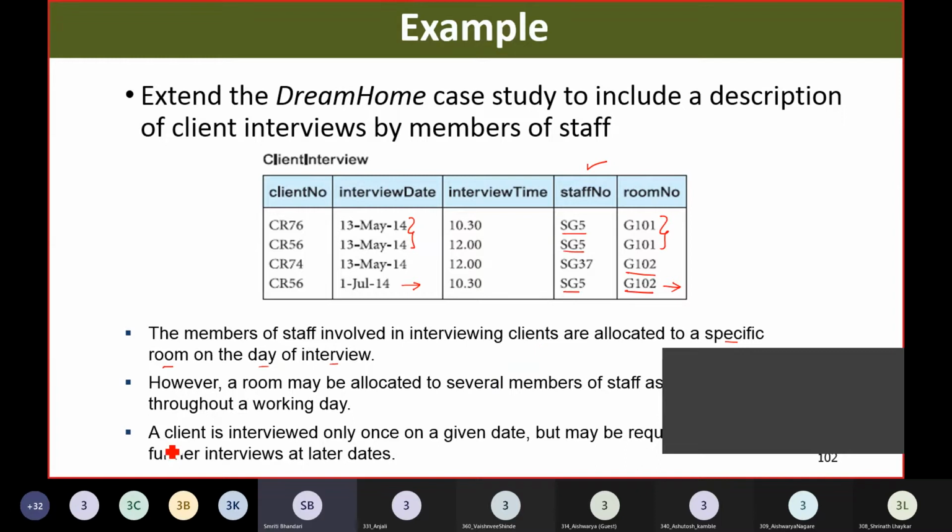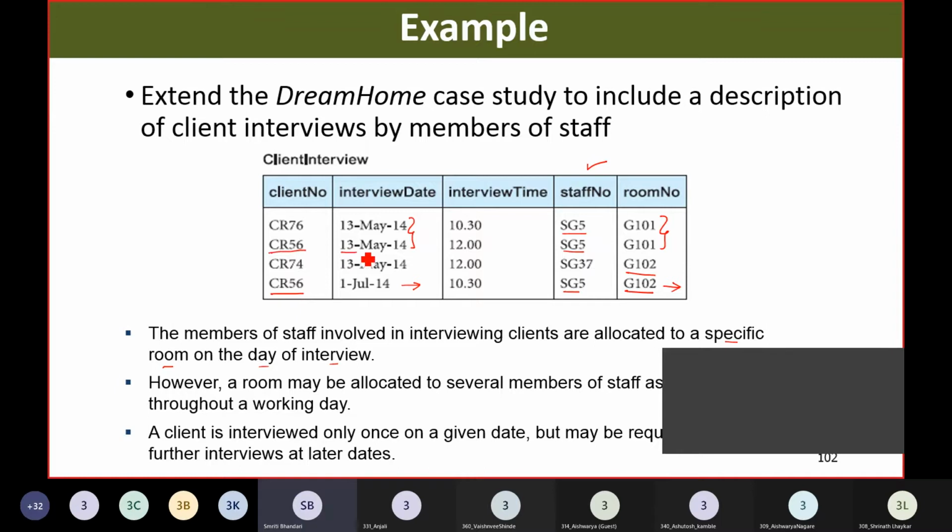Further, it has been mentioned that a client is interviewed only once on a given date, but may be requested to attend further interviews. Right? What does this mean? See here, this is one client CR56.